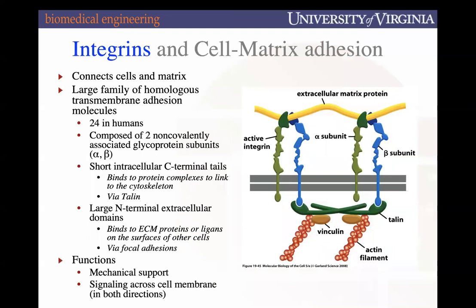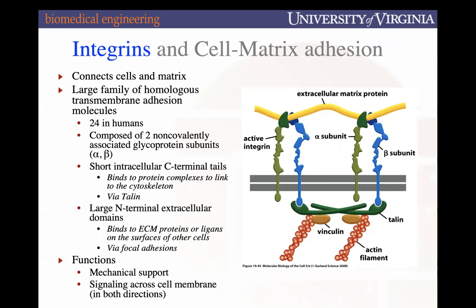So we're going to take a moment to discuss integrins. As we've described to this point, integrins are the receptors that our cells have for the ECM. And so it connects the cell to its matrix. It connects the cell to its environment. And there are 24 different kinds of integrins.